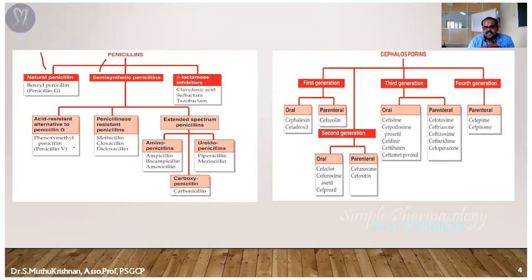Within these categories, drugs are also classified as orally available formulations and parenterally available drugs. For each category, memorize at least 2 or 3 drugs.